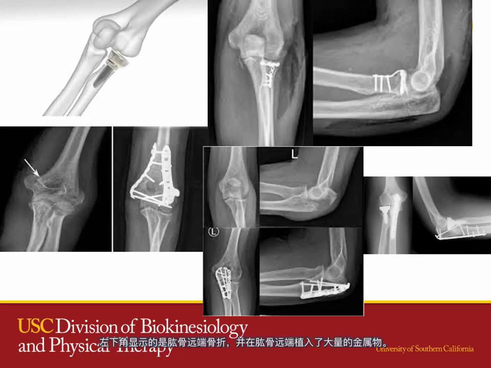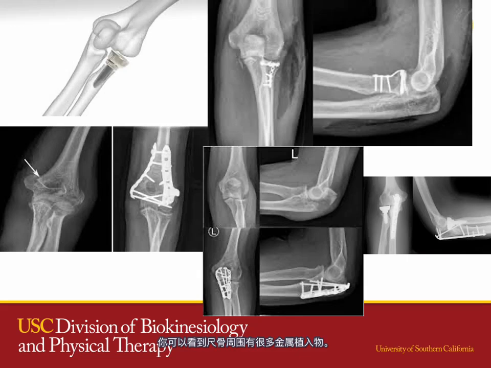The bottom left picture shows you a fracture of the distal humerus, and then a huge amount of hardware put into that distal humerus. We've got plates and screws. And the one in the middle is showing you the proximal ulnar fracture.